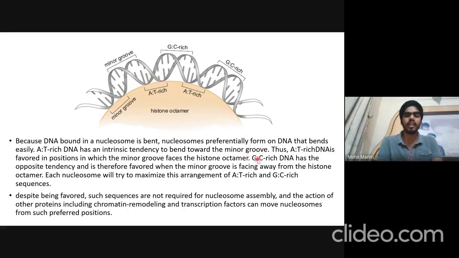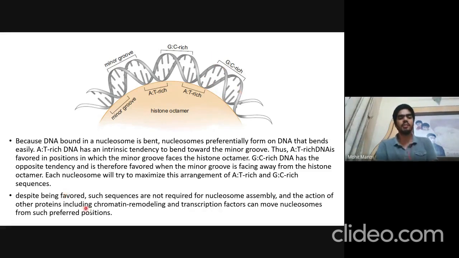So those minor grooves which are AT-rich interact with the histone octamer, and the regions which are GC-rich, which are difficult to bend, have their minor grooves away from the histone octamer. So each nucleosome will try to maximize this arrangement, with the AT-rich sequence closer to the histone octamer so that the DNA can be easily bent, and the minor groove of GC regions away from it.